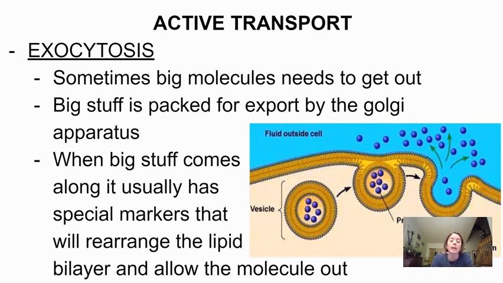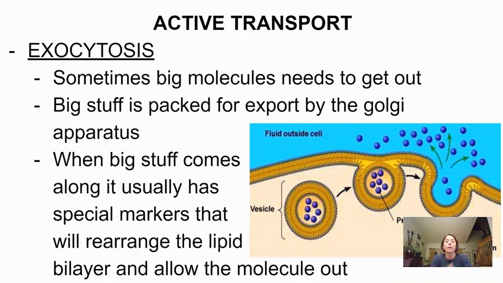So what'll happen sometimes is after the Golgi apparatus folds up things that need to happen. Remember, the Golgi apparatus is like the UPS of the cell. It will package up the larger molecules, or maybe just a ton of molecules that we need to get out of the cell at a particular moment, and it wraps them up in a vesicle. It fuses that vesicle with the cell membrane, and then it just becomes one.